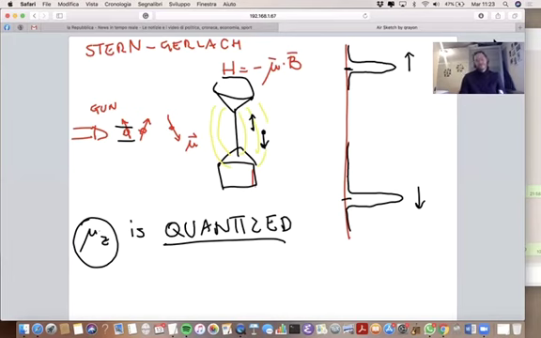This is for electrons, or for specific types of atoms. Other atoms provide different shapes like this, which corresponds basically to having three configurations: completely up, completely down, or zero.